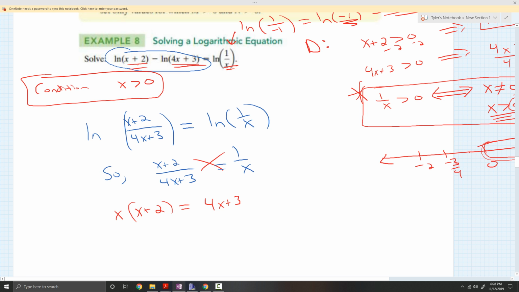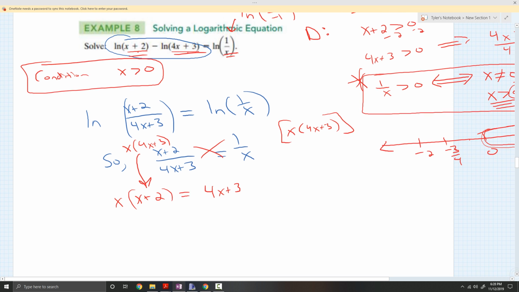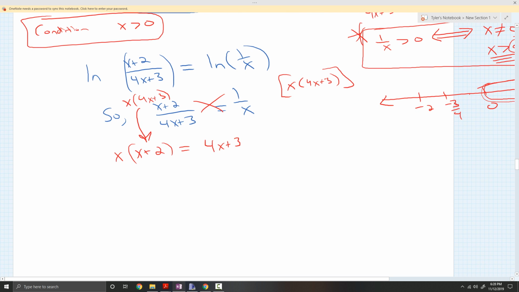So that's one way to do it. Or, a little more mature way to think about this is multiplying both sides by the least common denominator, which would be x times (4x plus 3). That would also get us to this. That's why cross multiplication works. But cross multiplication is perfectly fine.